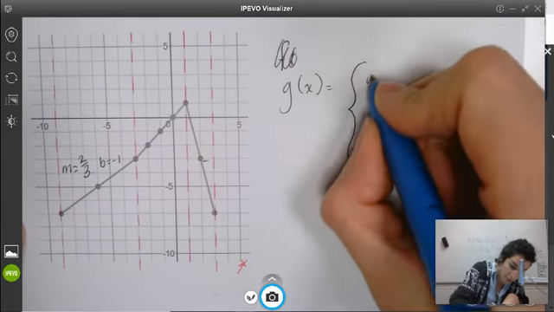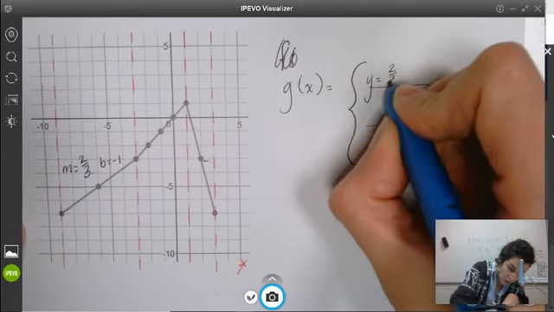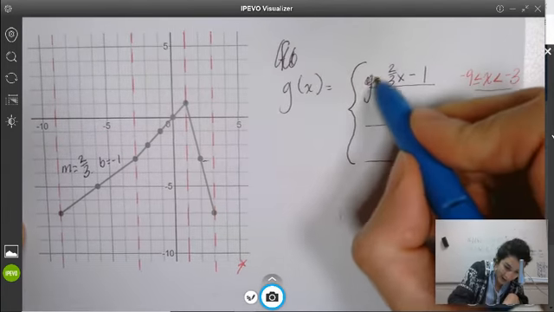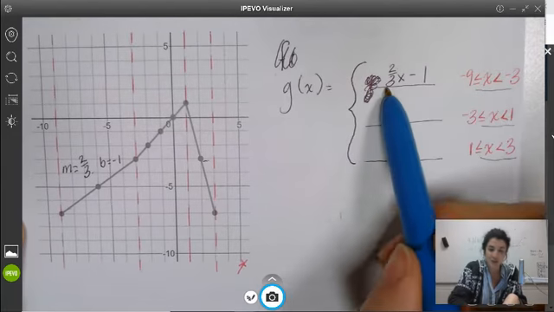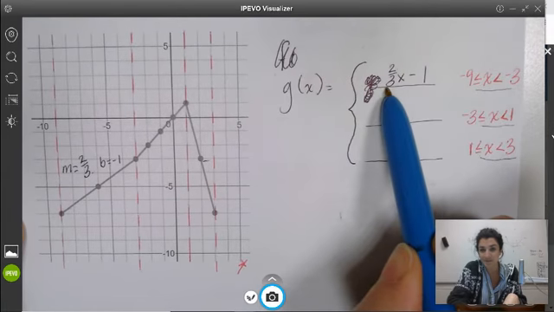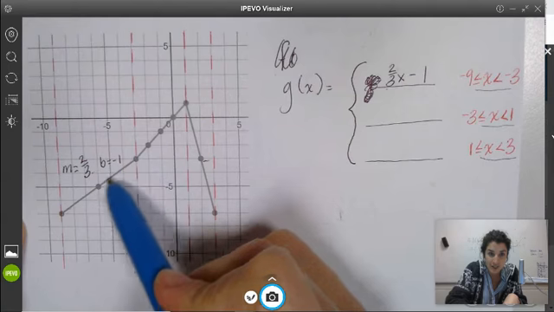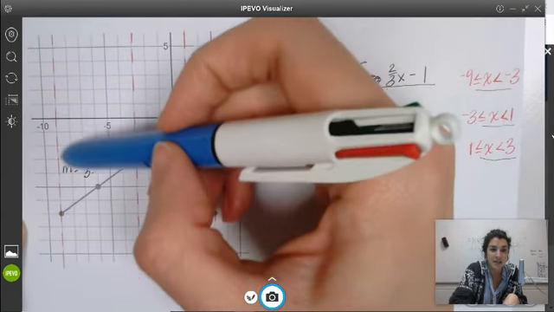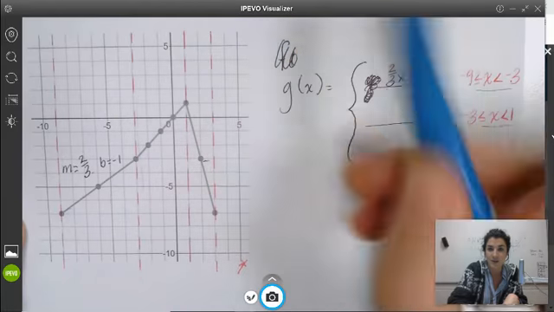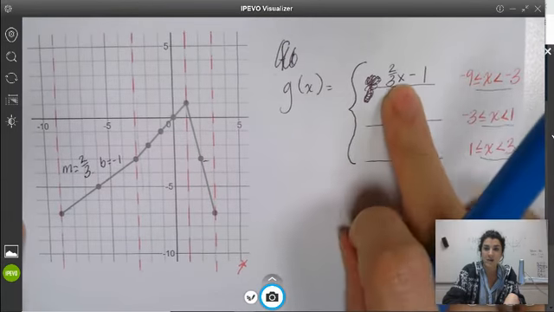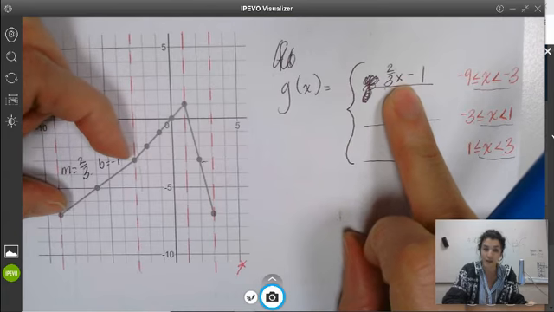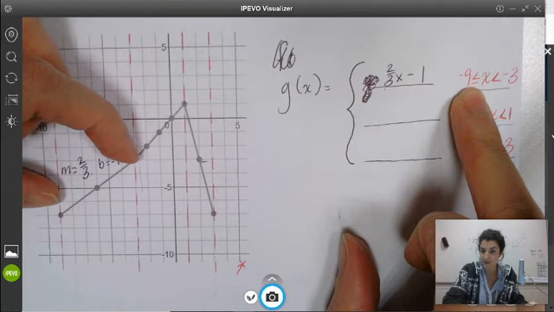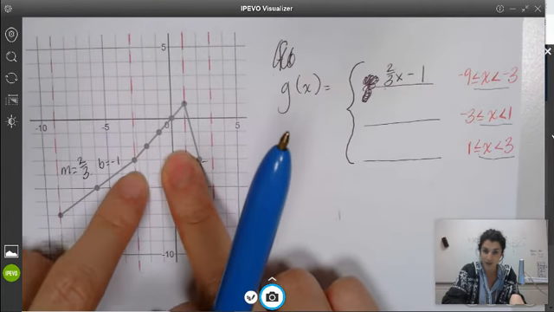The equation of this line is y equals 2/3 x minus 1. We don't put y equals here, sorry. It's just 2/3 x minus 1, and it's only being represented on the domain between -9 and -3. So that's all this is saying: we've got an equation, 2/3 x minus 1, and we only care about it between here and here. Okay, let's move on to the next one.